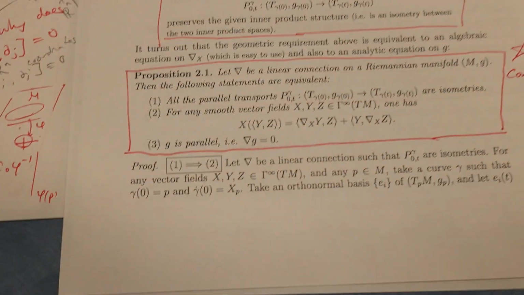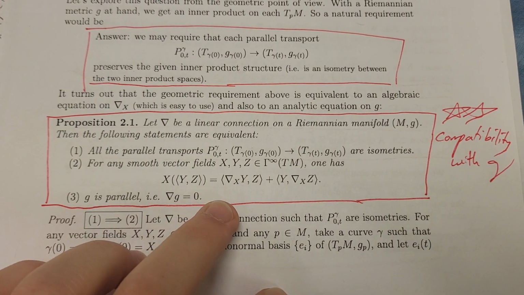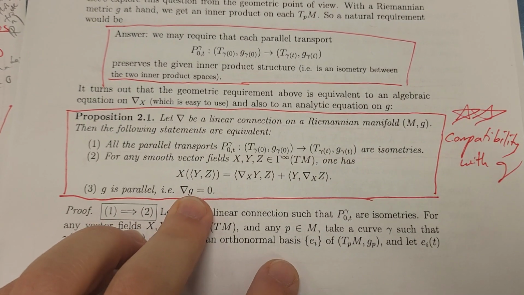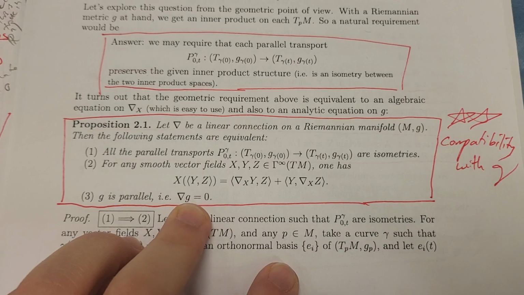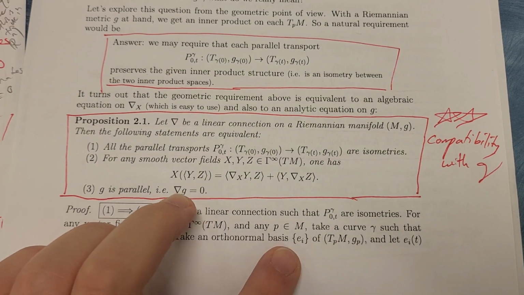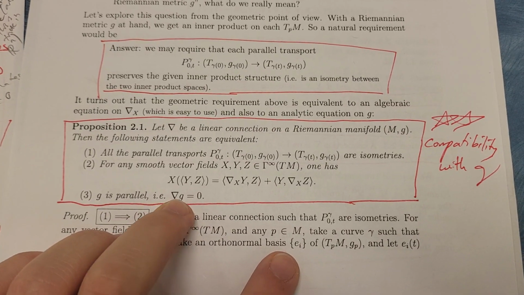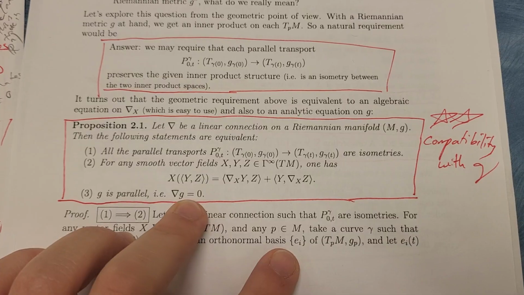And you can take a look at this proposition and you can find that there's an equivalent characterization which basically says we're going to require that the metric is parallel. So nabla_X of g is equal to 0 for all vector fields. So the covariant derivative of the metric is identically equal to 0.